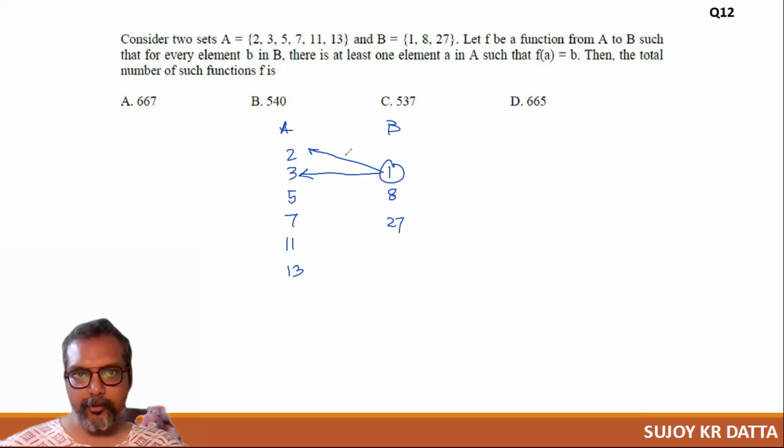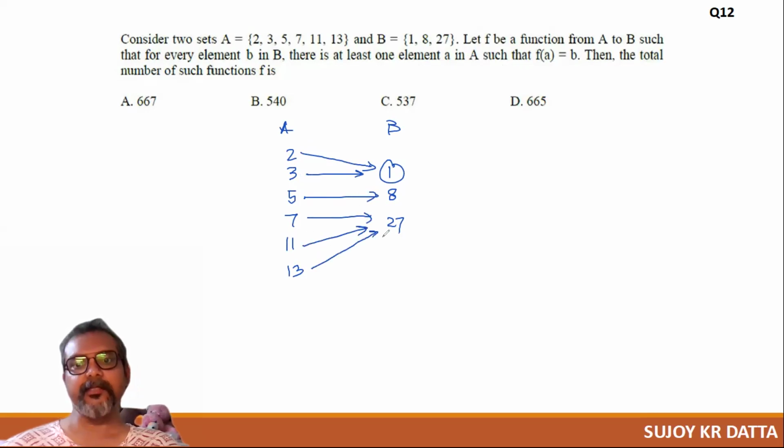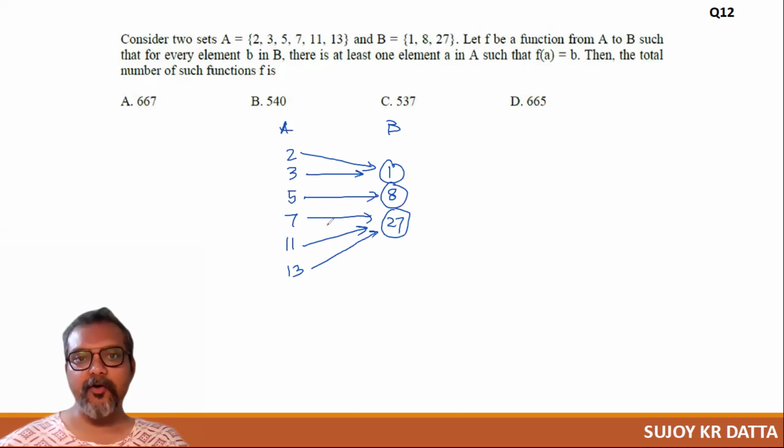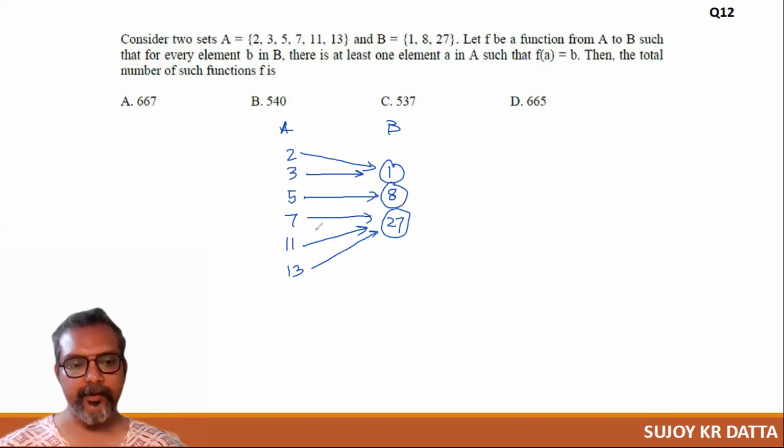So both 2 and 3 relate to 1, then 5 relates to 8, then 7, 27, 11, and 13 all relate to 27 like this. So this could be one function. Like this, you have to figure out how many functions you can have.